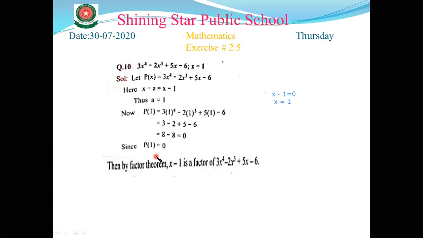So P of 1 is 0. Then by the factor theorem x minus 1 is a factor of this polynomial. Very simple. It means x minus 1 is a factor of the given polynomial because our answer is 0. So if our answer is 0, it is a factor of the given polynomial. Simple logic.